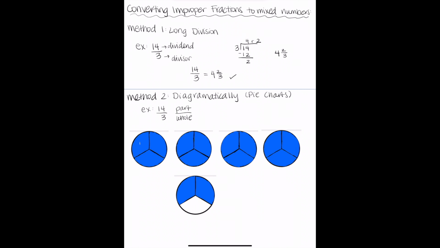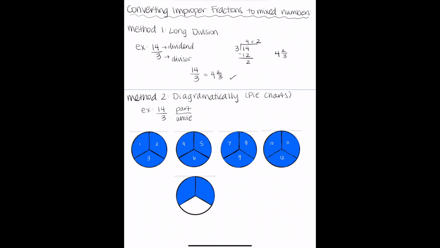So we're going to draw our pie charts, and our pie charts will be split into 3, because that's our denominator. And we're going to count through to 14, and see how many full pie charts we took up and what is left over.